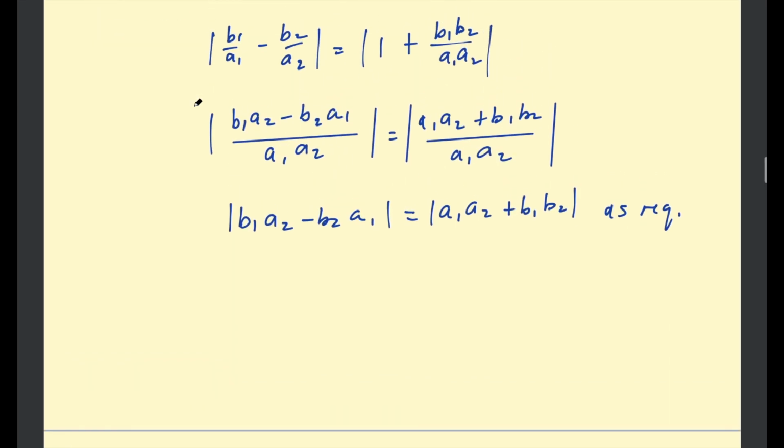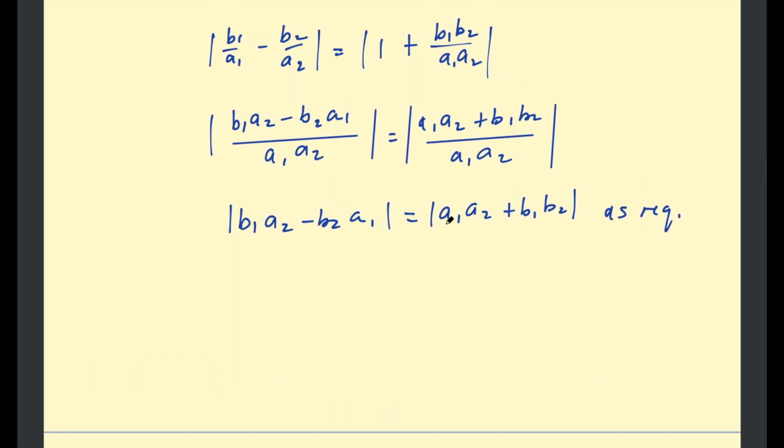Now, if you have two values that are equal, the absolute values are equal, you can square them and then they are equal. So for part 3, the first step is to say that B1 A2 take B2 A1 squared equals A1 A2 plus B1 B2 squared. Okay, and then we need to do a whole heap of algebra here to try to end up with the final equation. So firstly, let's expand these brackets.